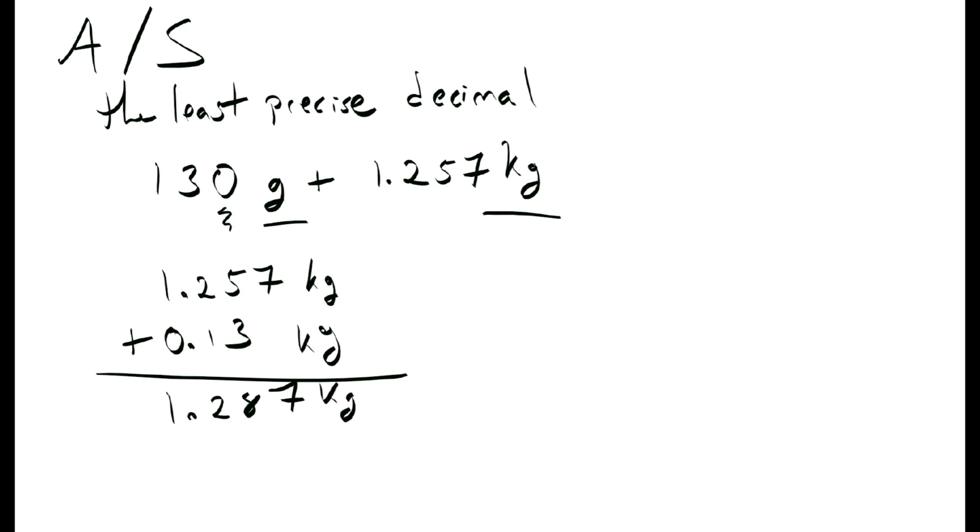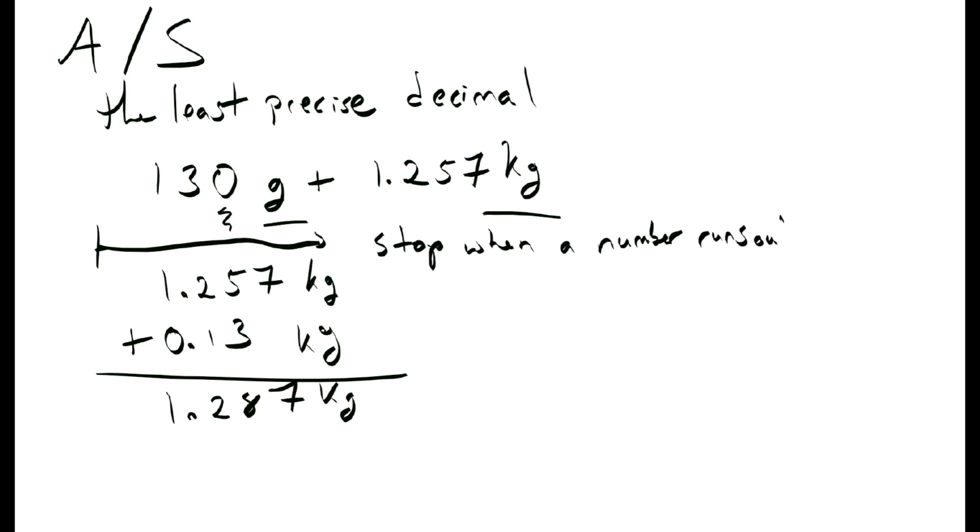Now what you do is you start here at the left and you work your way to the right. And as soon as one of your numbers runs out of significant figures, that's where you stop. Stop when a number runs out of sig figs.